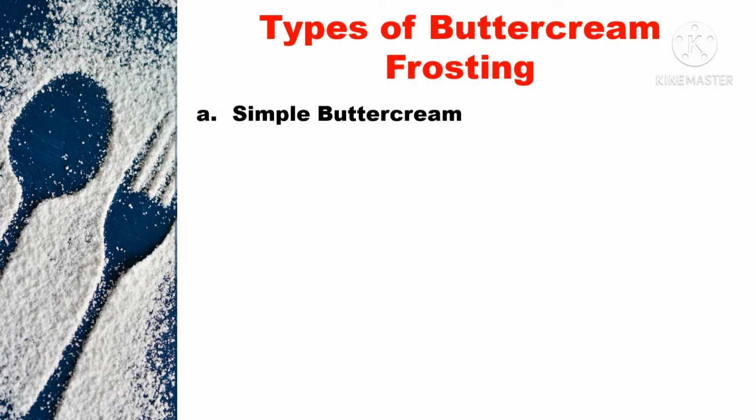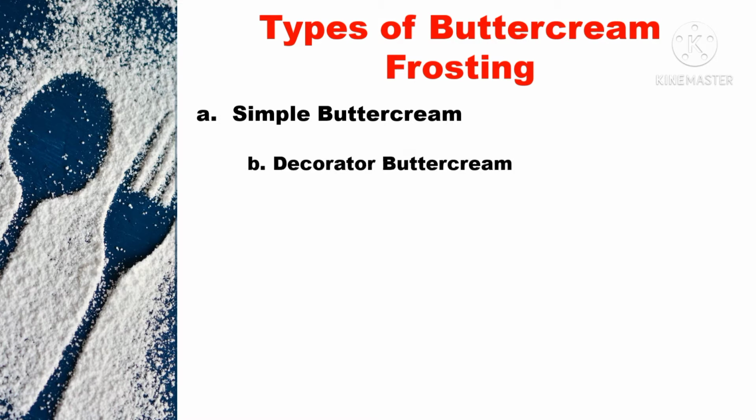It's either the whole egg or egg yolk or egg whites only. Milk, creamer, or non-fat milk solids. Note that cream cheese icing is simply buttercream, which uses cream cheese rather than butter as the fat.